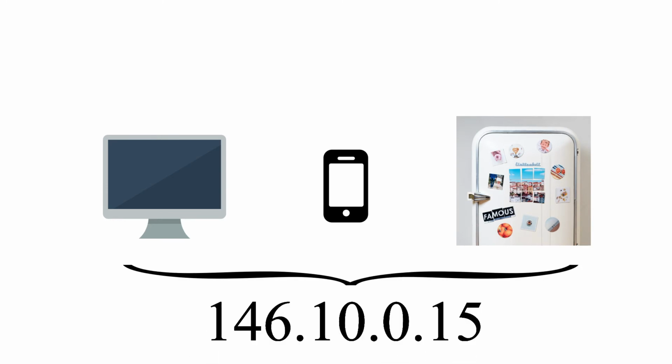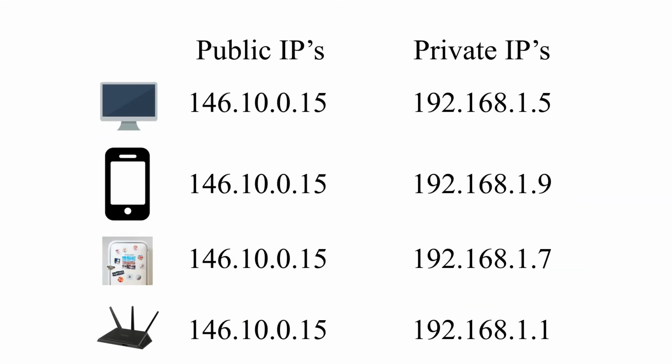For example, if you have 3 devices, a computer, a mobile and a smart fridge, let's say your internet provider allocated you a public IP of 146.10.0.15, this table shows you possible IP addresses of your devices. So note, all the devices, computer, mobile, fridge, router, they all share the same public IP, which I just said.